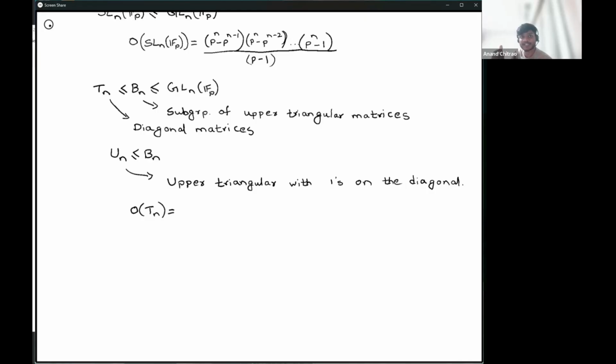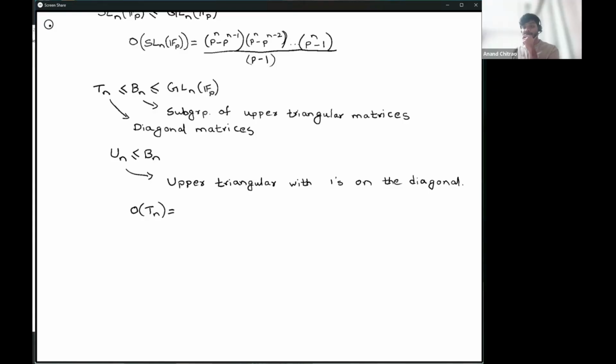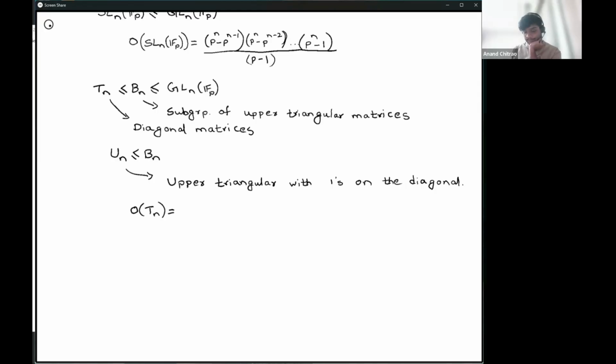And on each diagonal entry, how many choices do you have? Not p, right? You cannot take 0. So p minus 1 choices. You want non-zero elements coming from Fp. So there are n places, each place has p minus 1 choices. So you'll have (p minus 1) to the power n choices. That's the order of Tn.